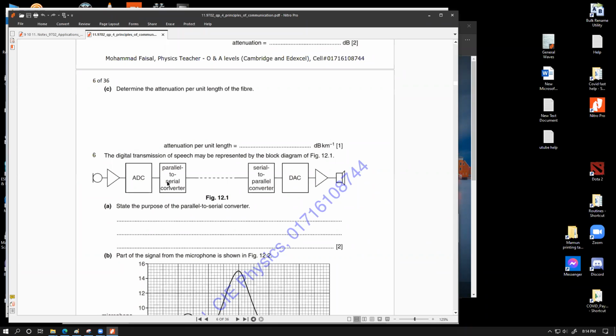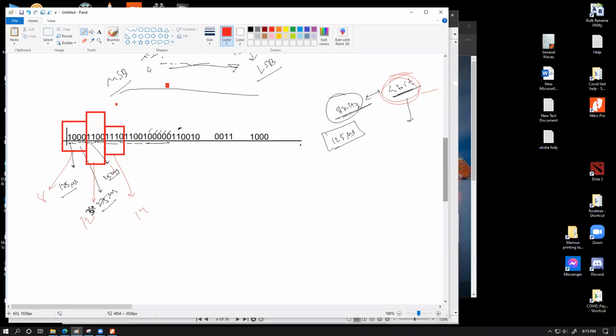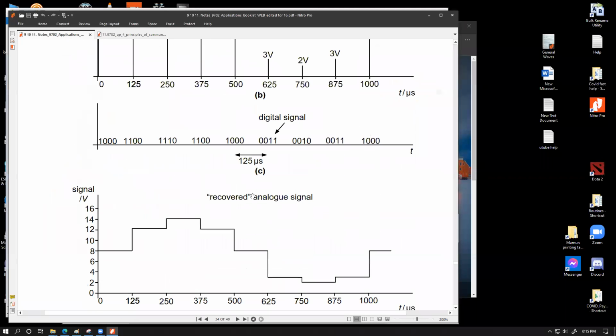So here the parallel numbers are converted into serial to make it possible to send them over a single communication channel as ones and zeros, and then on the receiving end, that serial data is chopped into parallel numbers, and then all of these individual numbers will be converted by the DAC, that's digital to analog conversion. And after doing this DAC, basically what we get is this graph. After doing the DAC, this is the recovered analog signal. So digital to analog, that's DAC, digital to analog conversion.